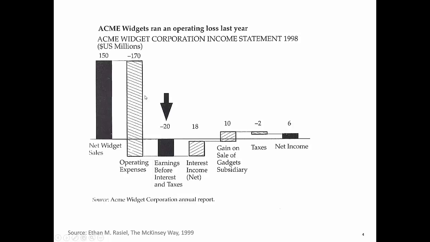So what we see here is a visual representation of this calculation. So we have sales, then we subtract certain costs, and then we have a subtotal here, so an intermediate result, and then we have some other elements, and they add up into the final result.